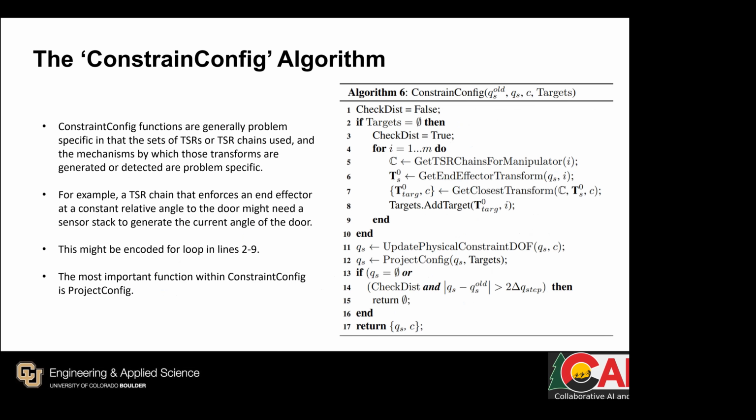The ConstrainedConfig functions are usually problem specific, because this is where you incorporate your task space regions or task space region chains for a specific problem. Essentially they collect the task space regions, produce a target point, and finally project that point down.